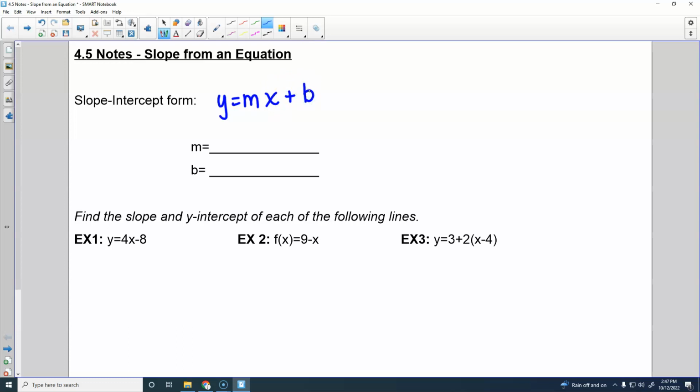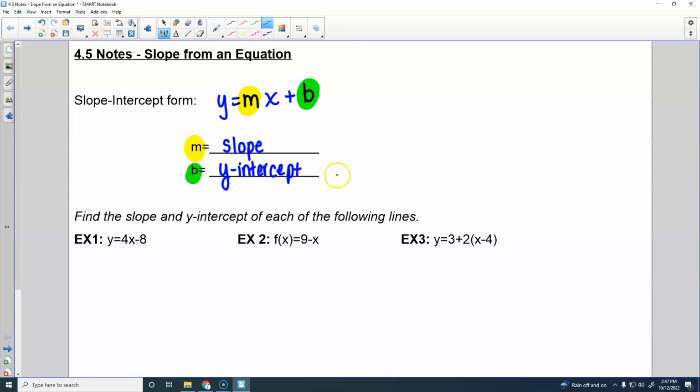And in this equation, your m right here, the number next to your x, that's going to be your slope of your line. And the b here, that is your y-intercept.